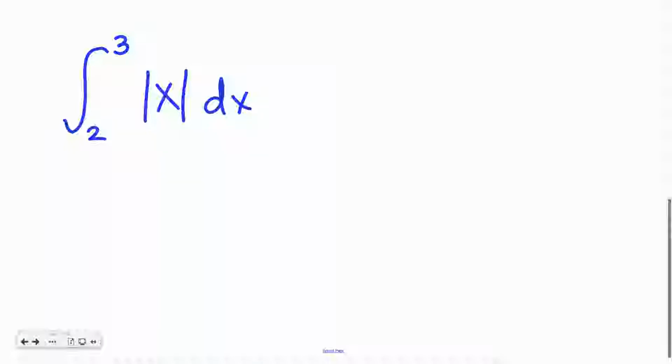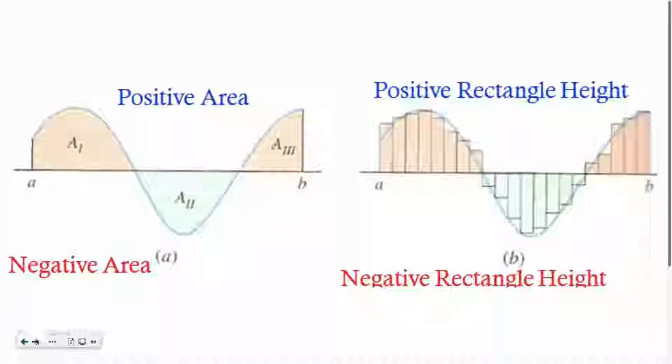So if we have a situation where we have negative area, it is because we are underneath the x-axis. Because the x-axis is on top of where our curve is.